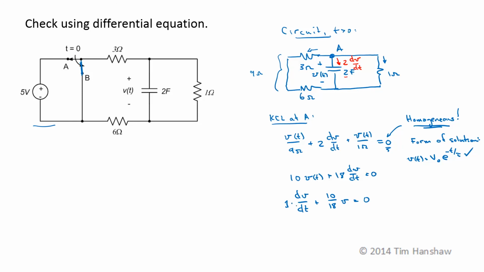The coefficient in front of V is 1 over tau. So tau is equal to 18 over 10, or 1.8 seconds, which is the same as we got before. So if our tau is matched between two different ways of doing the problem, we're probably in really good shape. We don't have an alternate way to check the initial condition V0, so we just have to be really careful when we do that one.